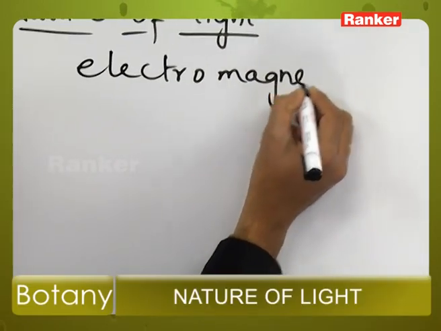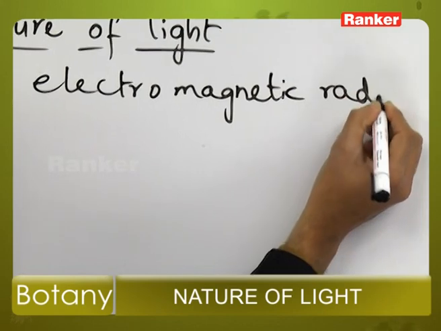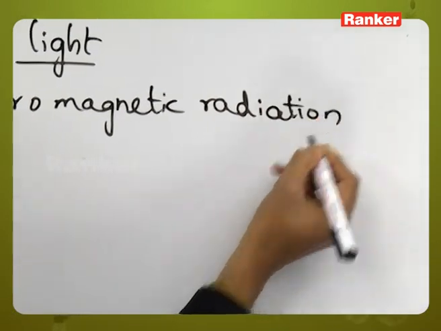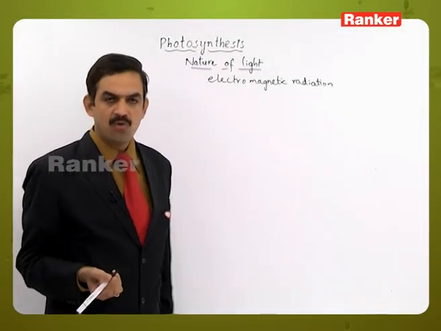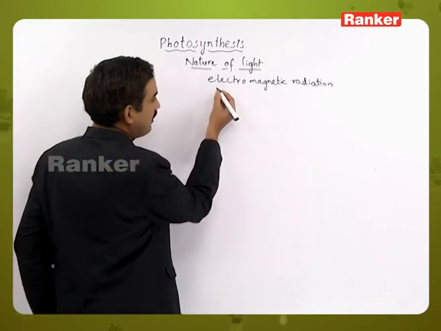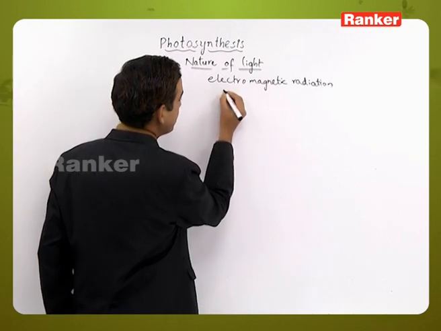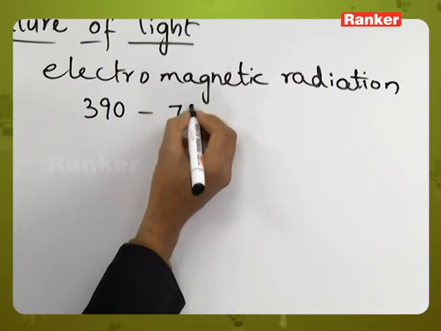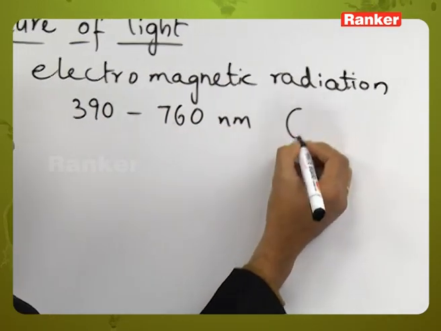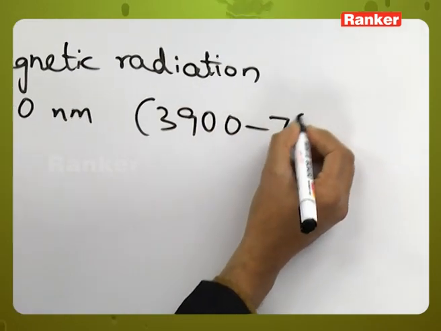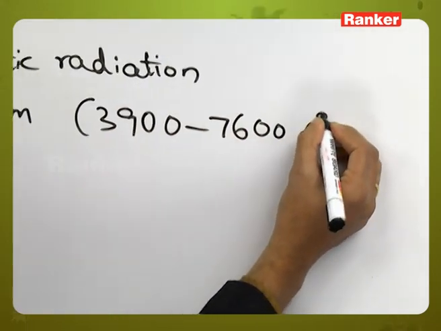Of this electromagnetic radiation, some radiations are useful for performing photosynthesis by the plants. The range of electromagnetic radiation which is useful for photosynthesis is between 390 to 760 nanometers, or 3900 to 7600 angstroms.